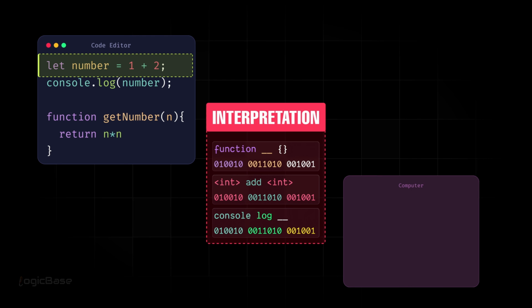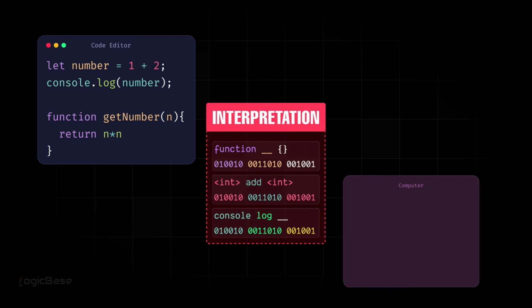Suppose we have a variable where two numbers are being added. That's an arithmetic operation. Then, in the next line, there's a console log statement that prints something on the screen. And there could be many more such instructions in our code. For every one of these, the interpreter has a predefined binary or machine code equivalent, which tells the computer exactly how to execute that particular command.